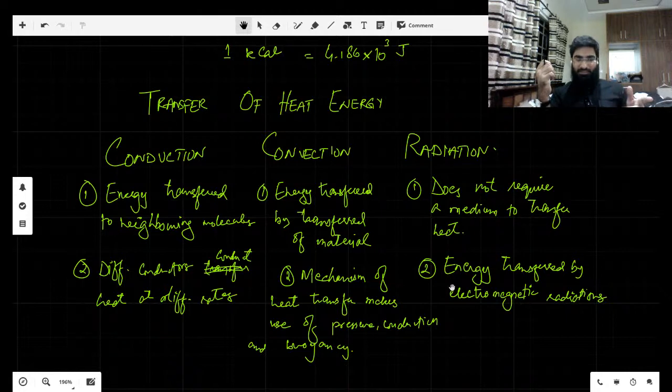If there is a current passing through a wire, it would create a magnetic field around it. And if I move a magnet around a wire, it would create electricity in that wire. What we call electromagnetic induction.